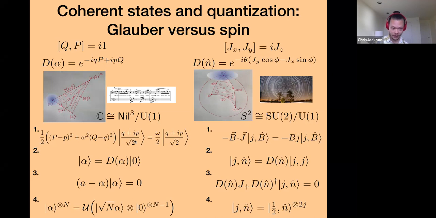So what I have down here are 4 different ways of defining so-called coherent states, which are a way of thinking about quantizing geometry. So on the left, we have, when we quantize the plane, there are a particular set of motions in the plane that are easy to solve dynamically. These are the so-called harmonic oscillators. So you should think here of omega as a constant and P and Q as variable constants.